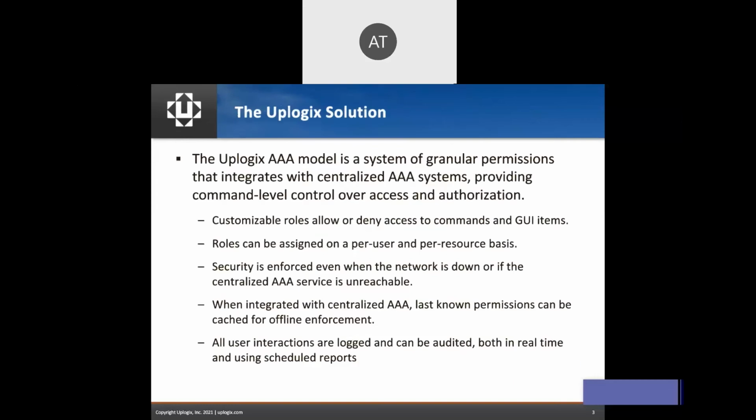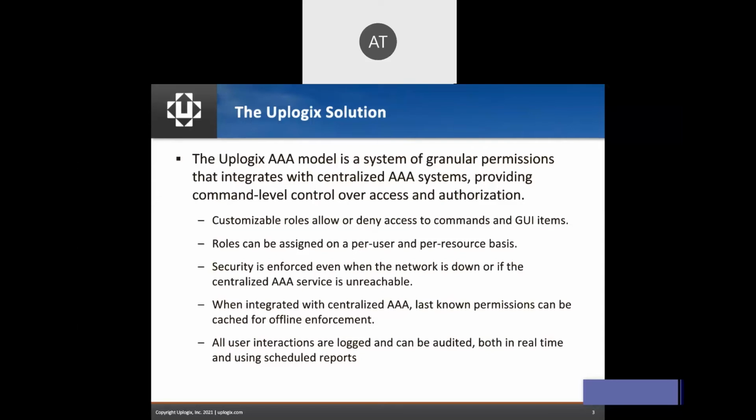So our model is highly granular. We have a system that lets you create roles which allow or deny access to commands. So each role is going to be a list of available commands. And then those roles get assigned to either users and resources or groups and resources.